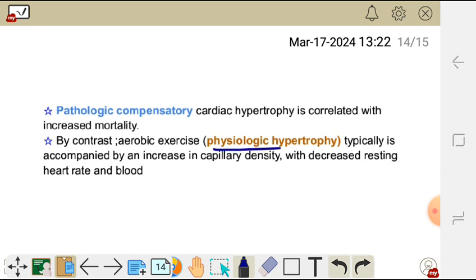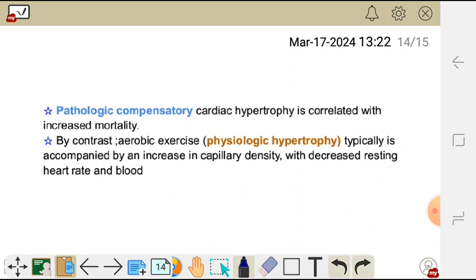Now in physiologic hypertrophy, what is happening is that the capillaries are also accompanied by that increase in size, increase in mass. The capillaries which supply blood to the tissues, to the myocytes, are accompanied by that increase. And also when resting, the heart rate decreases and the blood pressure will also decrease, but when you exercise it is going to increase.